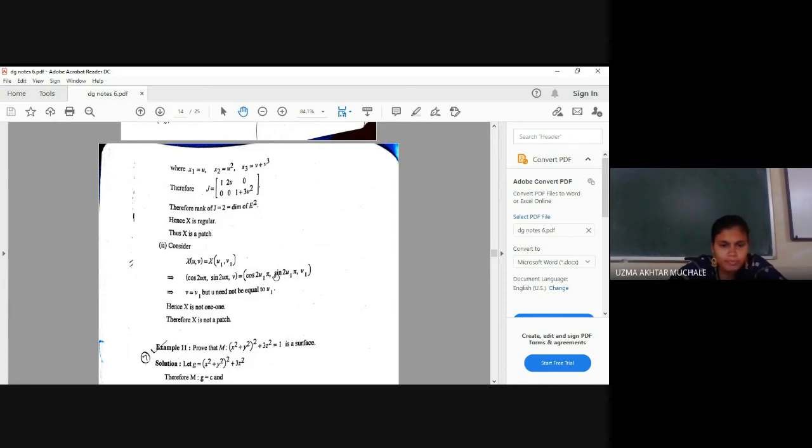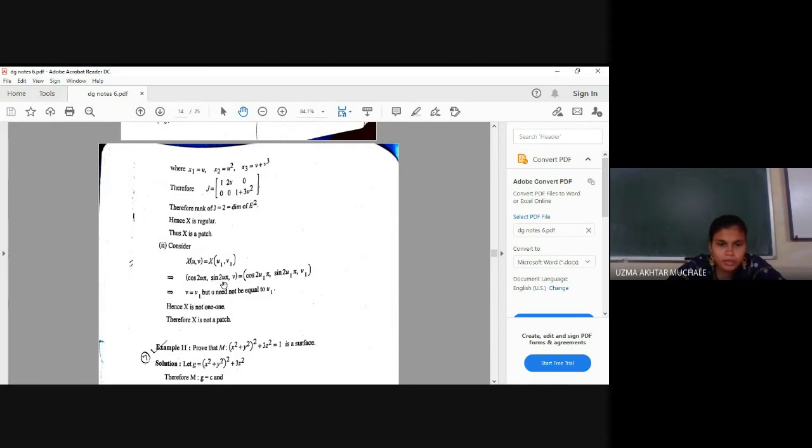But what about the first and second? Cos of 2u1 pi is equal to cos of 2u2 pi. This will be possible only in the provided domain. If it is not restricted in the domain, we cannot say u1 is equal to u2.